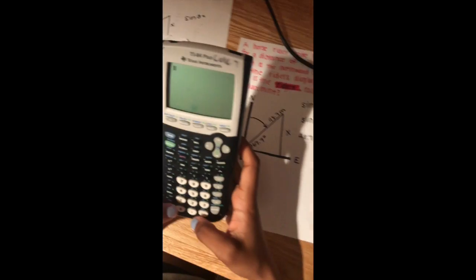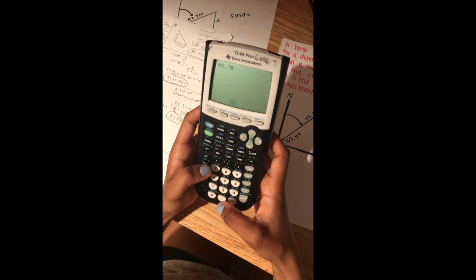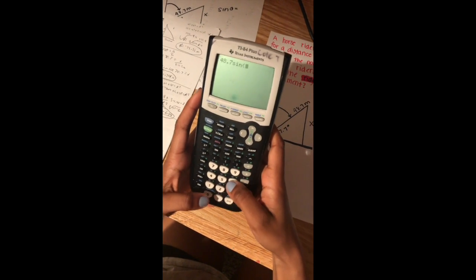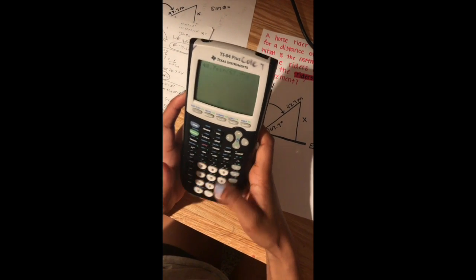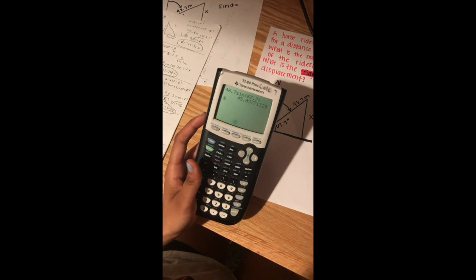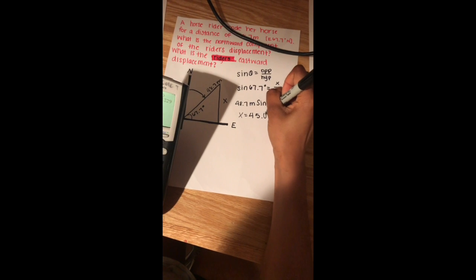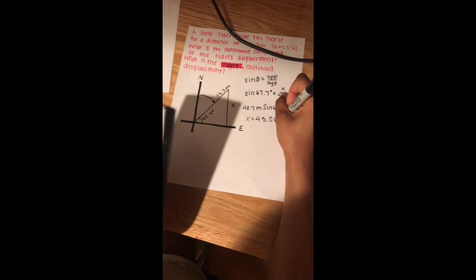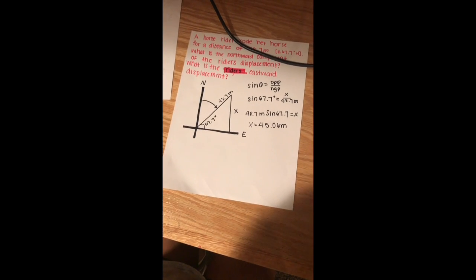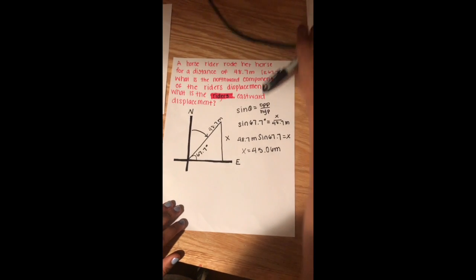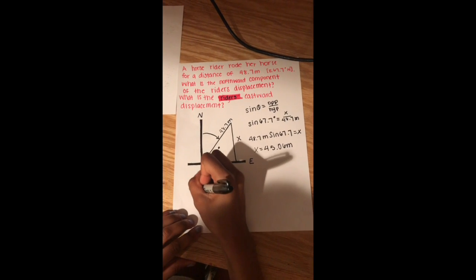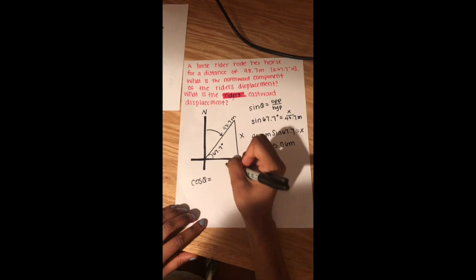Now you plug it in: 48.7 times sine of 67.7 equals 45.06 meters.